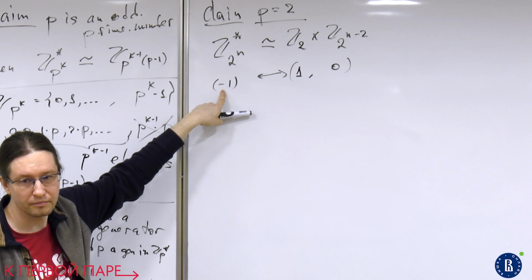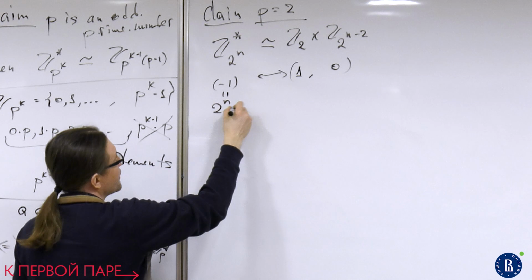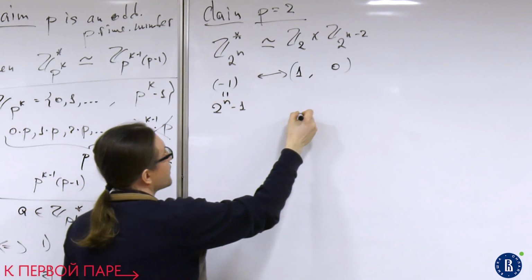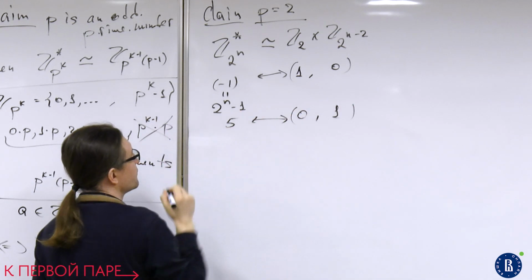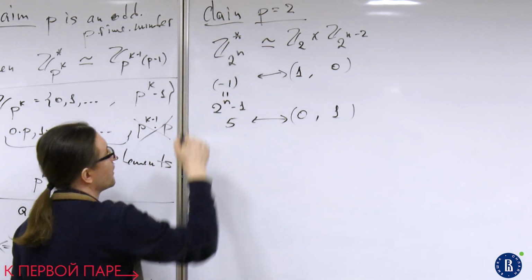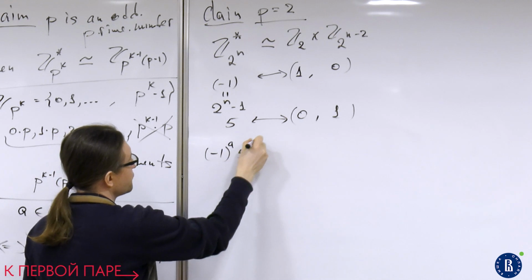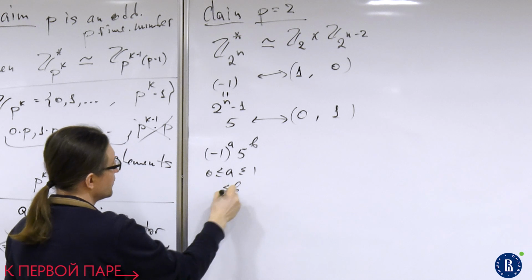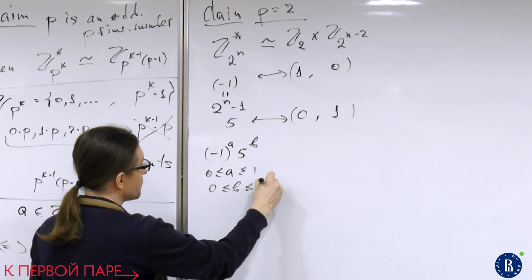And the second element corresponds to 5. So every element here can be presented in the form minus 1 to the a, 5 to the b, where a is between 0 and 1, and b is between 0 and 2 to the power of n minus 2.